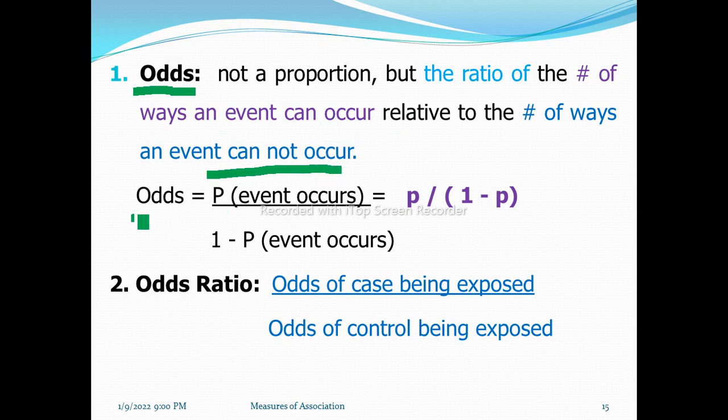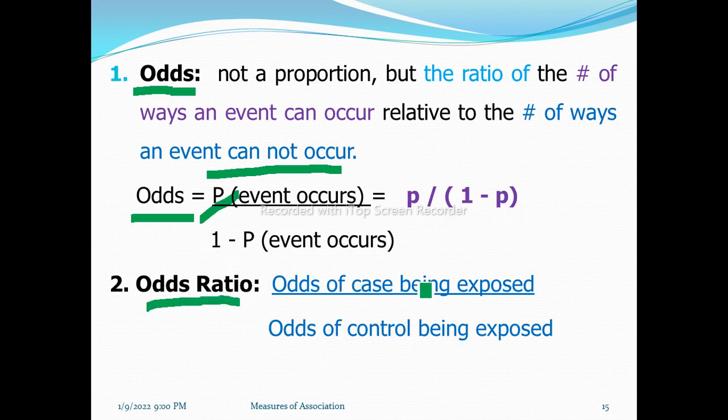So odds means the probability of an event occurring over the probability of the event not occurring, meaning P over 1 minus P. So odds ratio is calculated based on odds.